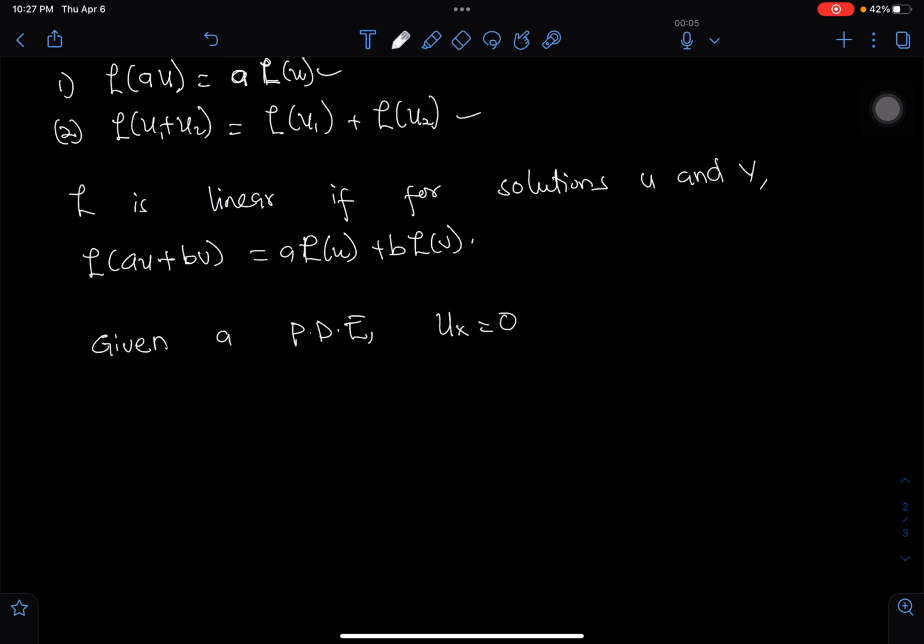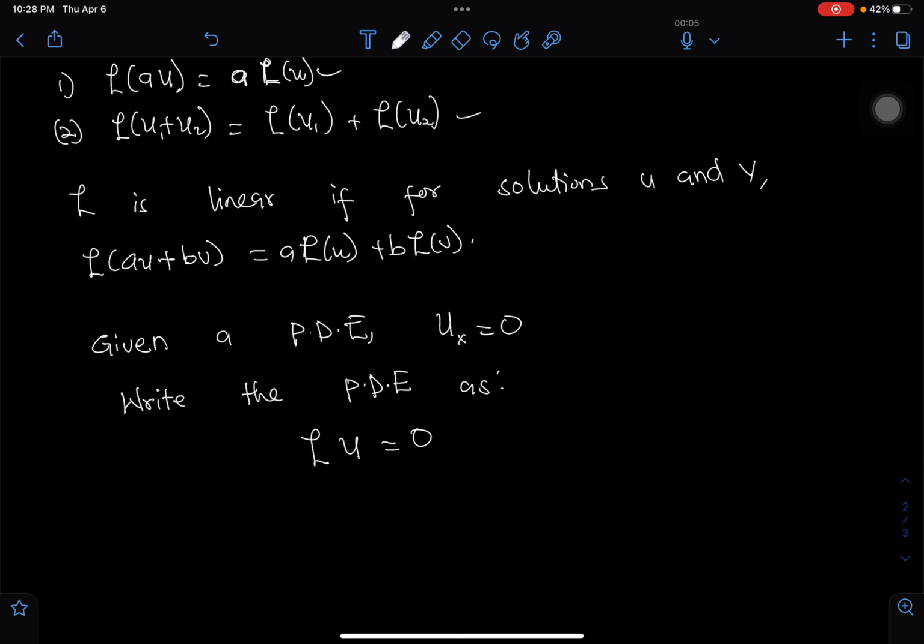What you want to do here is write the PDE as the operator on u being equal to whatever is on the right hand side. It could be a g, but mostly 0.